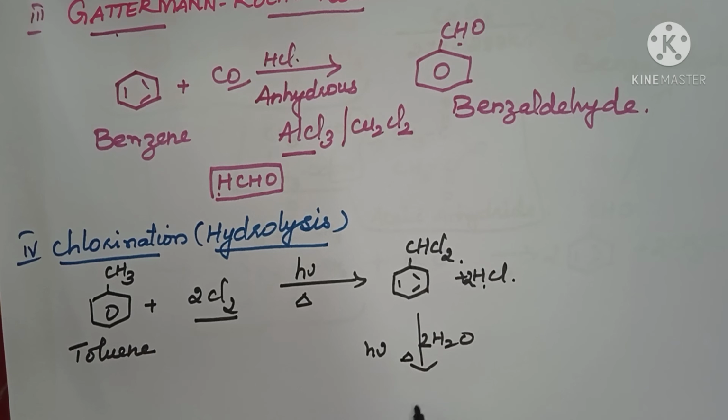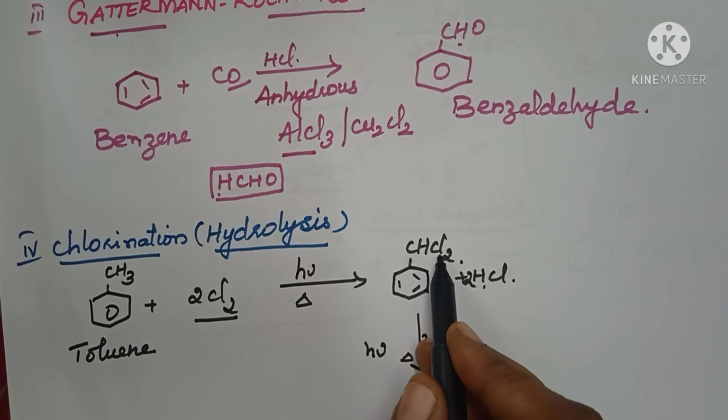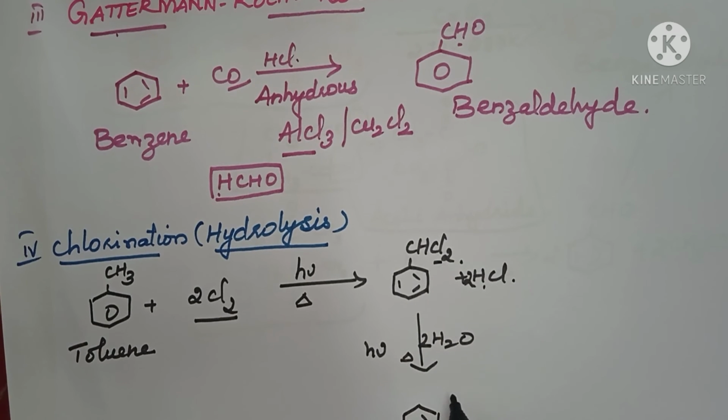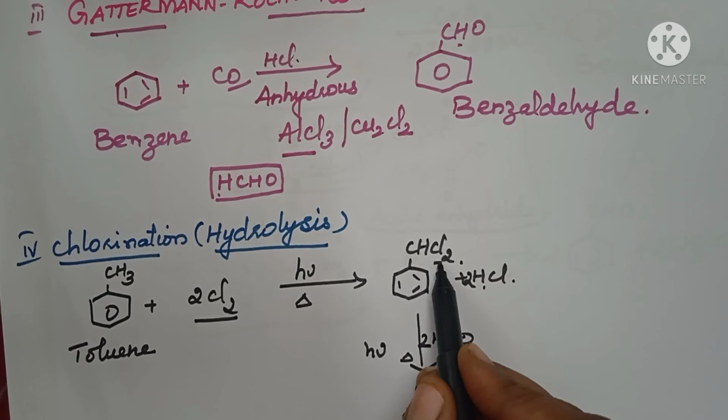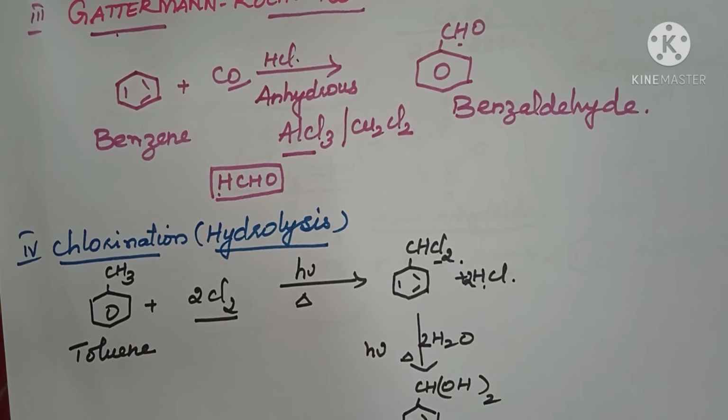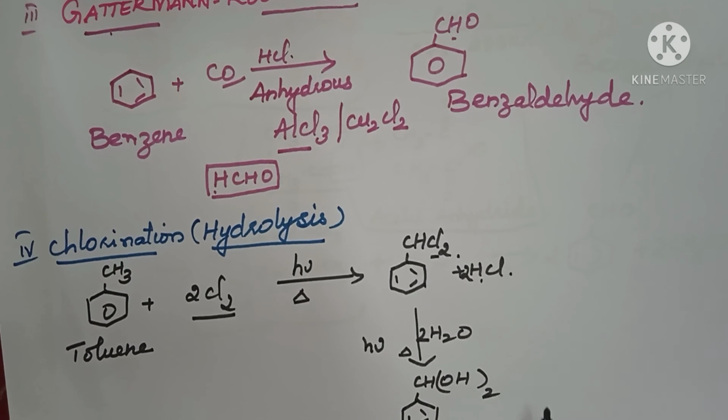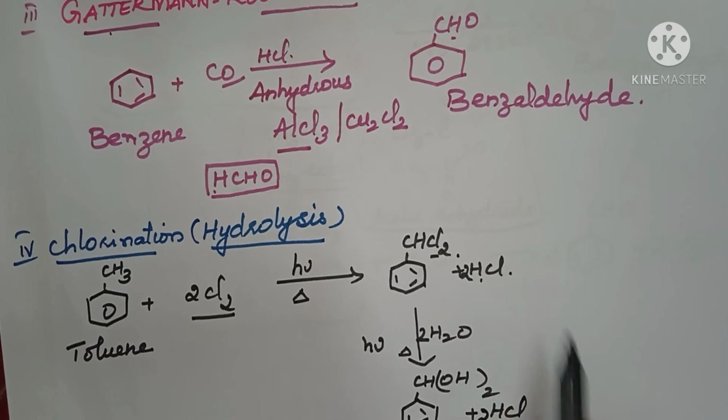Water molecule formation takes place, removing the chlorine attached, giving CH(OH) twice, because here two chlorine atoms are removed. So the OH compound is coming, and then HCl. The hydrogen from the water molecule goes to the Cl, so 2 HCl.